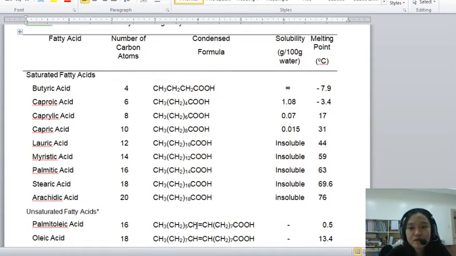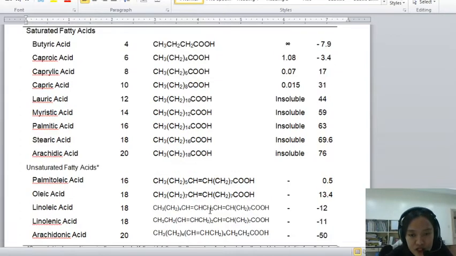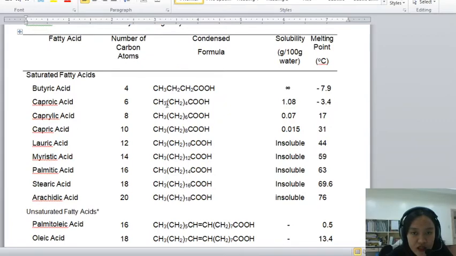So condensed formula kasi doon sa inyong formula, nakita niyo siya, yung ibang carbon-hydrogen bonds are enclosed inside a parenthesis. Okay, so condensed formula, meaning, for example, your caprylic acid: 1 carbon atom, 2 carbon atom, and then dito sa loob, itong CH2, i-times mo yan to 4.